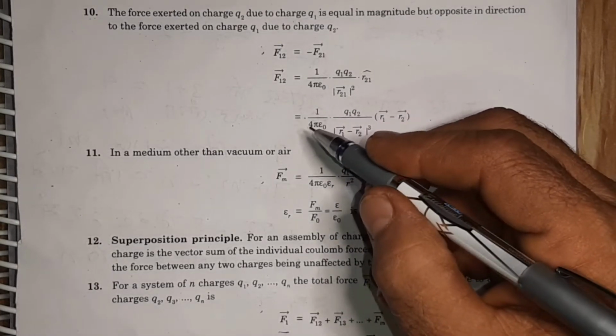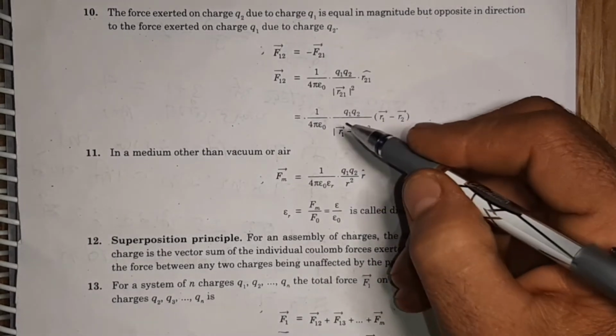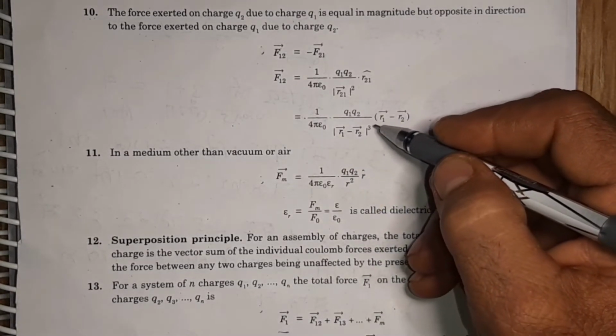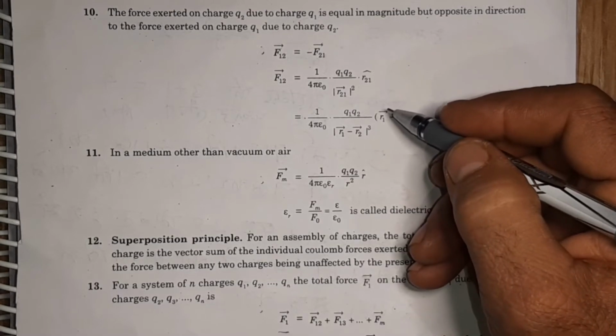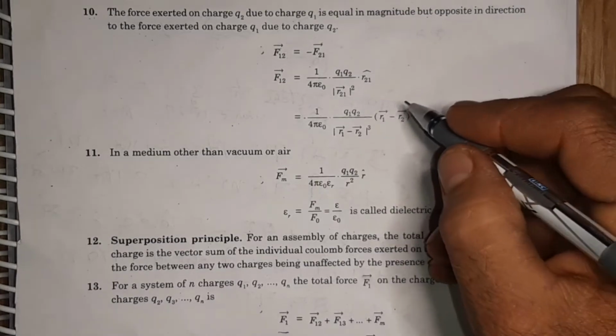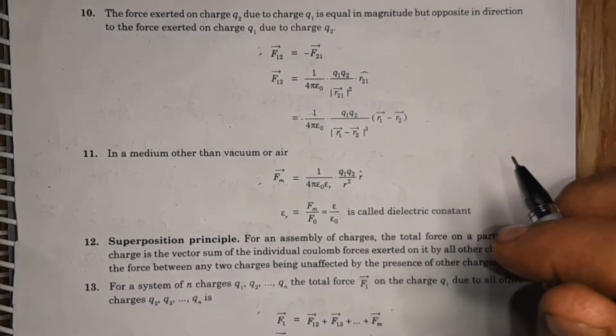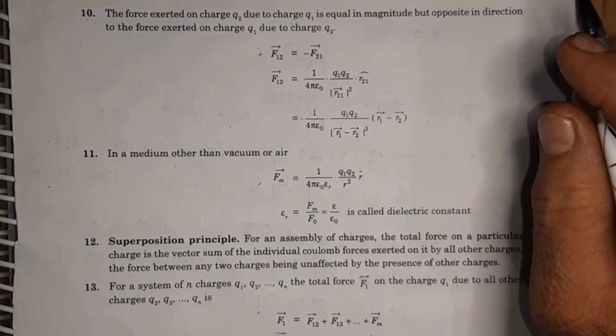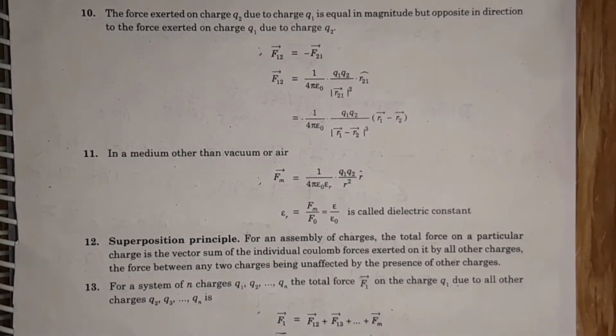In other words, it equals 1 upon 4 pi epsilon naught Q1 into Q2 upon magnitude of r1 minus r2 whole cube into r1 minus r2, where r1 and r2 are the position vectors of the charges Q1, Q2 with respect to origin.